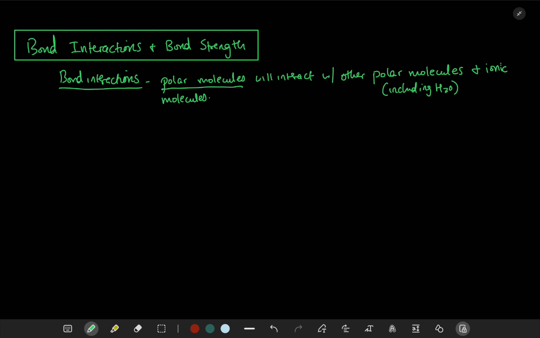First of all, the reason polar molecules can interact with other polar molecules and ionic molecules is a result of the opposite partial charges found across polar covalent bonds, right?